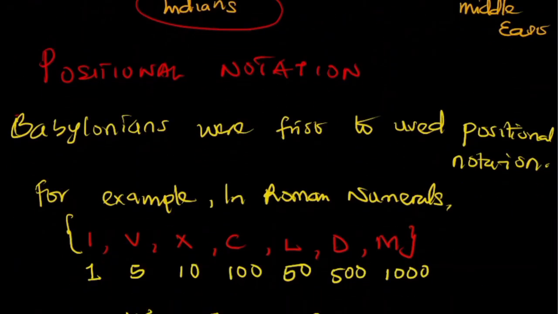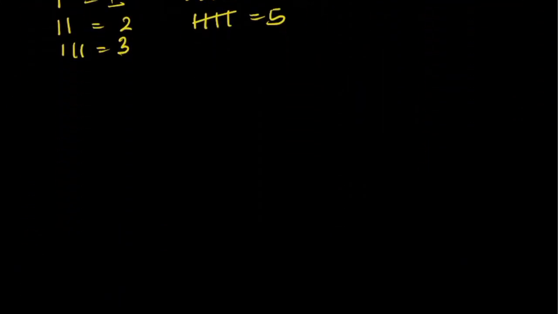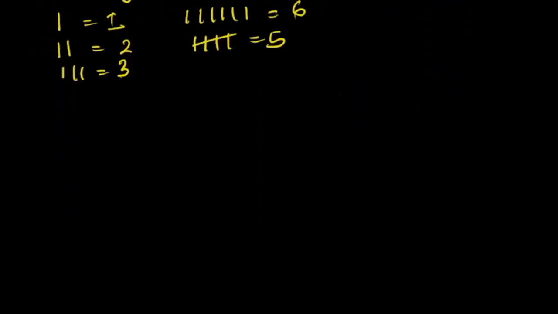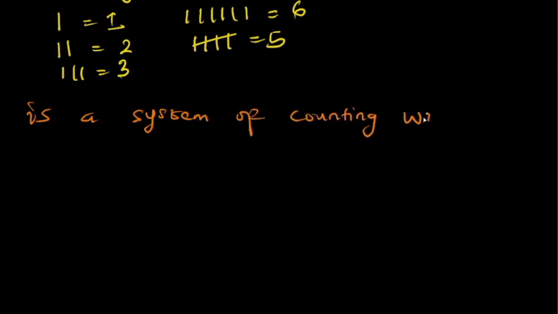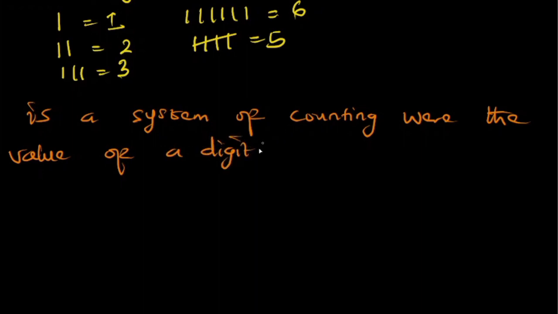We use positional notation, and let me explain what that means. Positional notation is a system of counting where the value of a digit depends on the position.